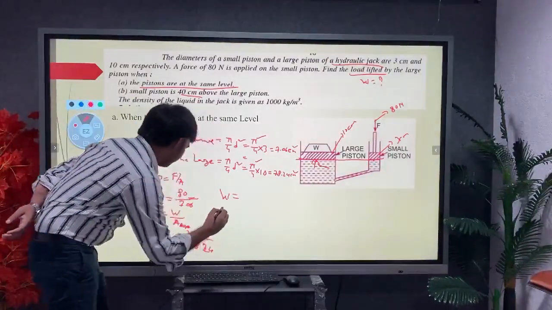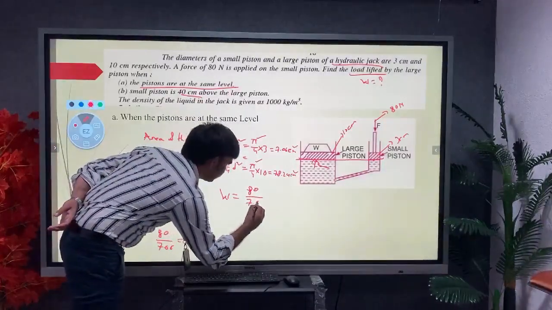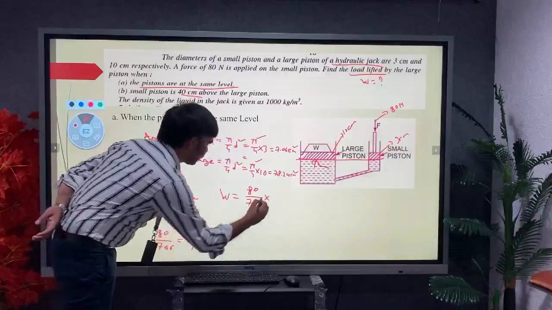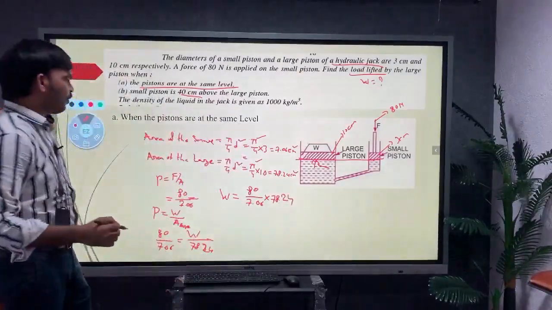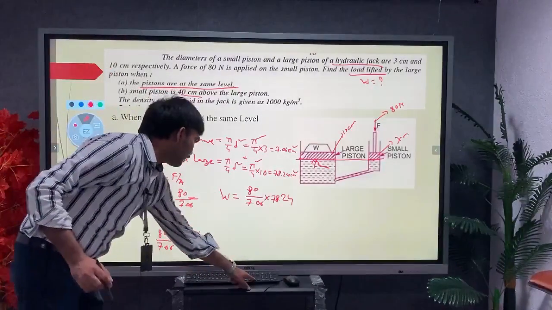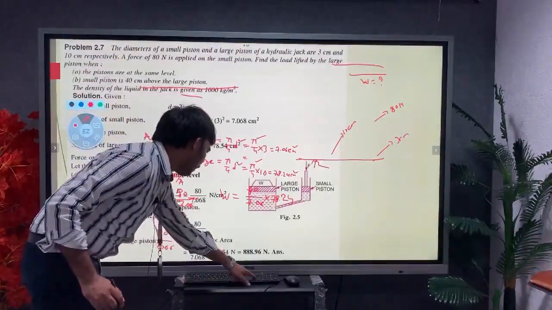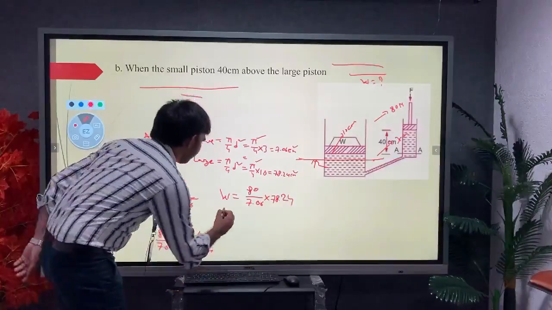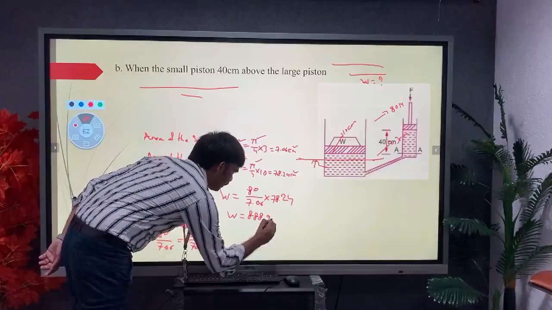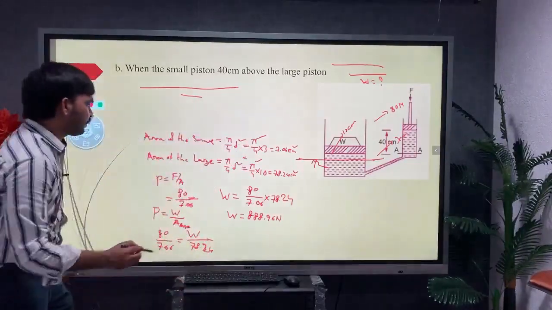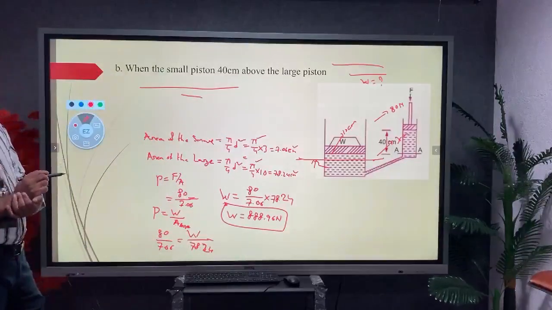Now, so what is the weight? Weight equals 80 by 7.06 into 78.24. Now you will get the weight. That is around 880.96 newtons.